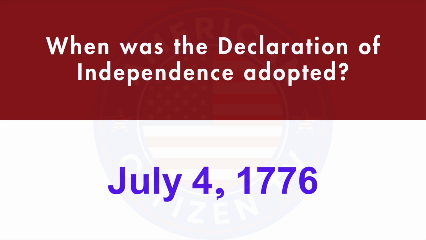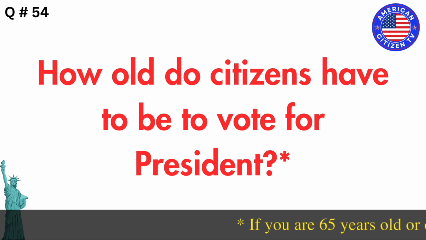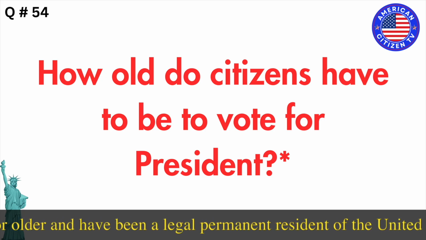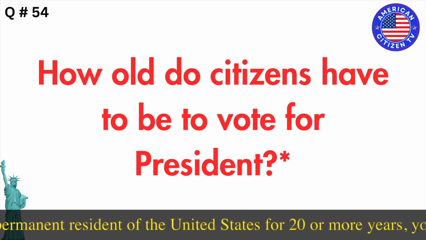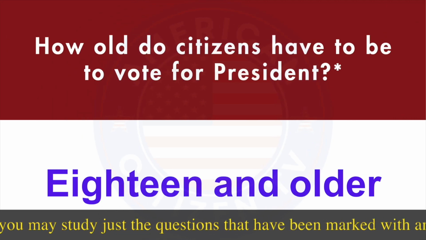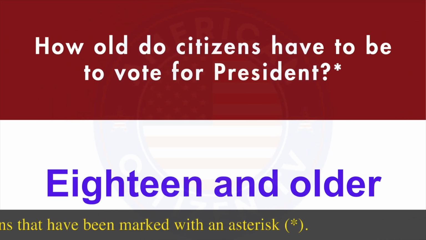July 4, 1776. How old do citizens have to be to vote for president? 18 and older.